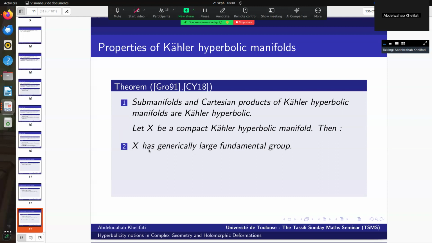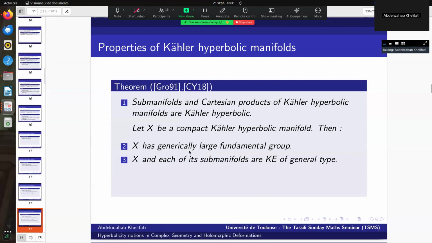This class of Kähler hyperbolic manifolds has this property, but in general it is proved that it's not true, because we have a counterexample that is even simply connected, just some complete intersections. They are Kobayashi hyperbolic, but also simply connected. So it's not really a fundamental group property in the Kobayashi hyperbolic case, but Kähler hyperbolic manifolds have this large fundamental group property.